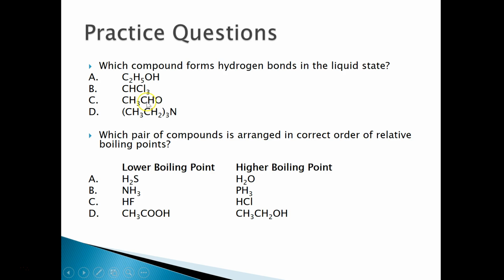So the carbon has oxygen and hydrogen, but both the oxygen and the hydrogen are bonded to the carbon atom and not to each other. In choice B, we don't even have any N, O, or F, so that's not it. And in choice A, we have an alcohol. We have the hydroxyl group at the end of the alcohol, so that is the correct answer.